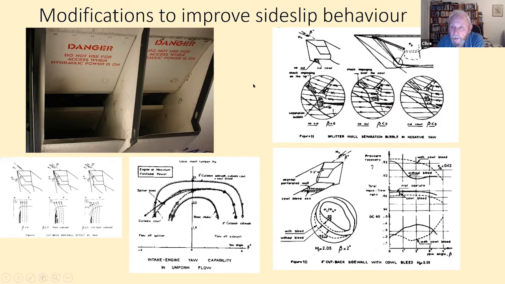When you went the other way, when you put flow, if you like, coming across onto this splitter now, the problem there was that that splitter is acting like a wing. So when the flow comes in from this side, you actually get a higher velocity and lower pressure on this side of the splitter.